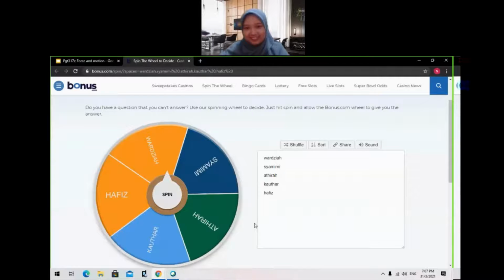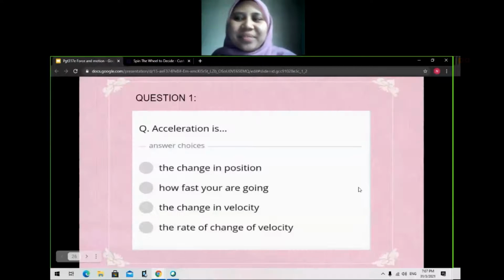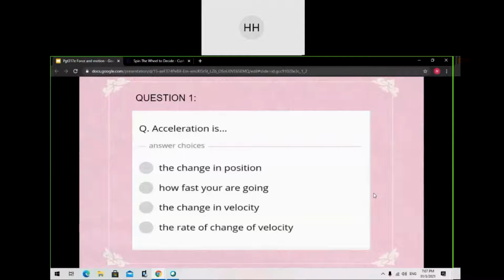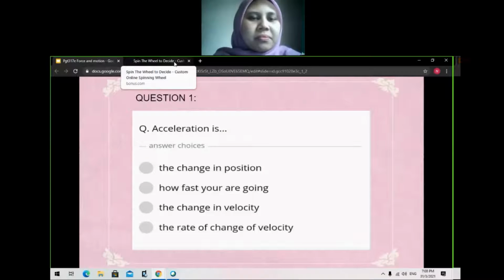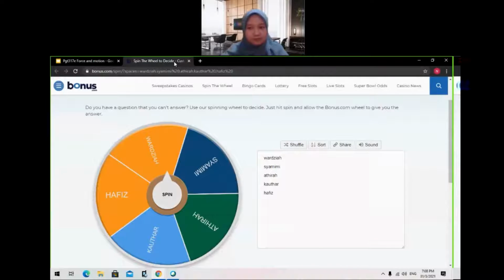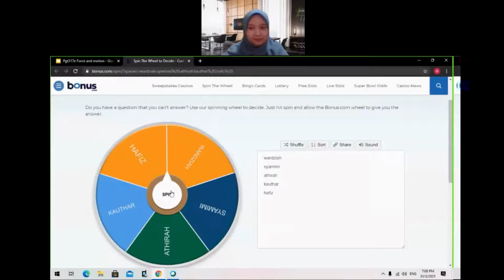So the question is: the acceleration, what is the answer? The rate of change of velocity. Congrats, Warzia. You have got it right. Okay, next. So the second person.